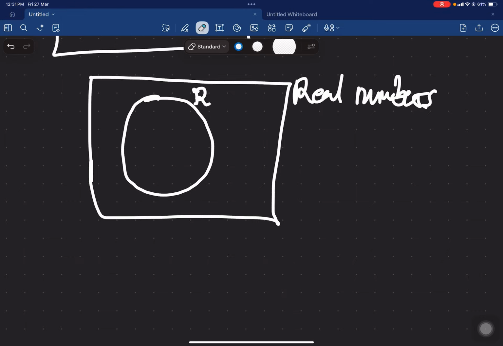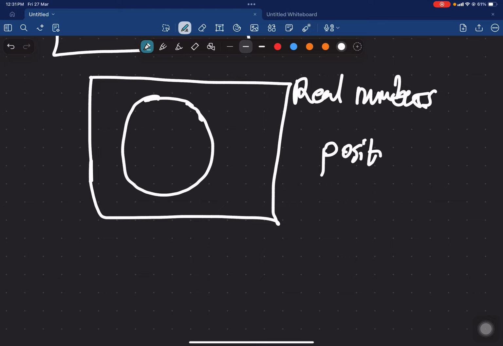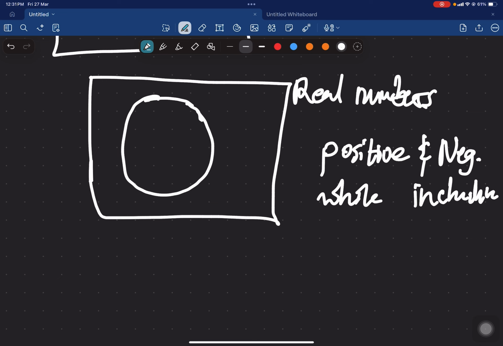Integers, as we know, are positive and negative whole numbers. When we talk about the positive and negative whole numbers, including 0, then we form what we call integers.